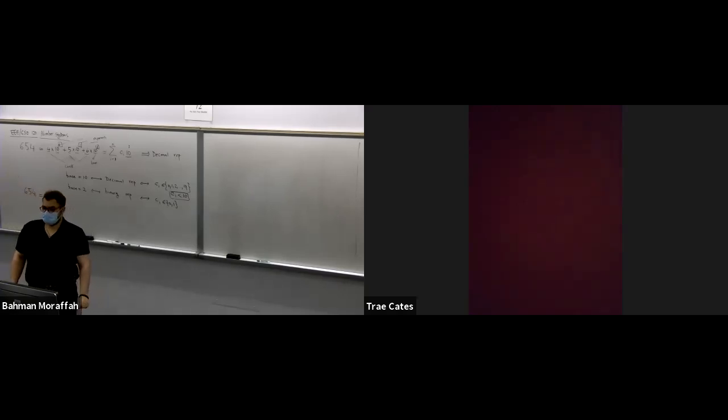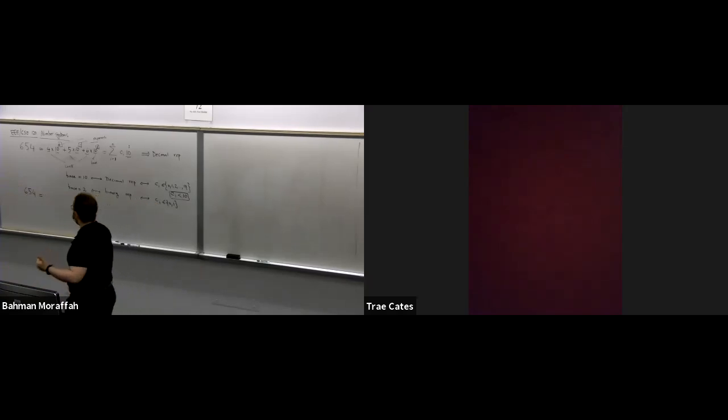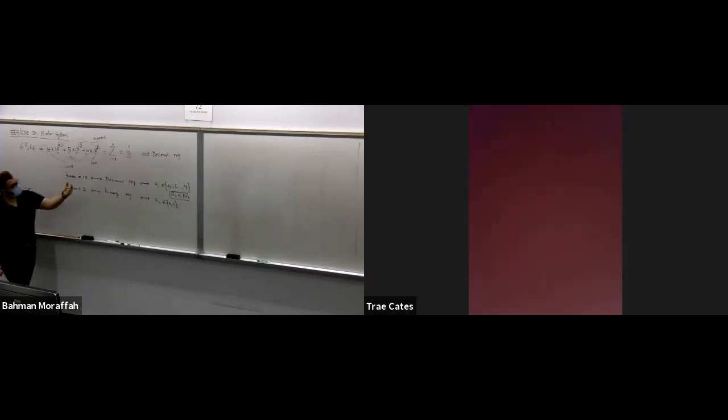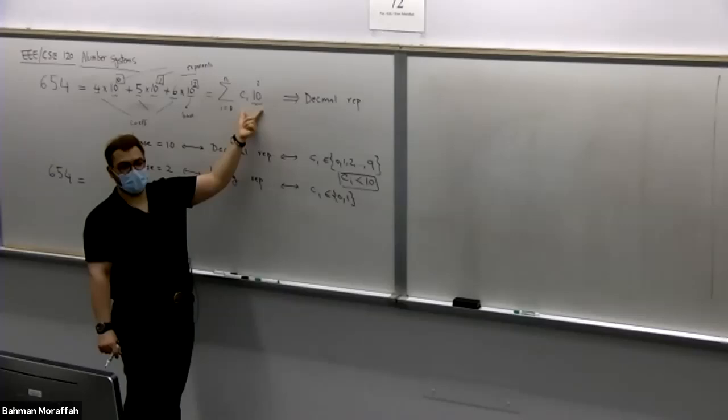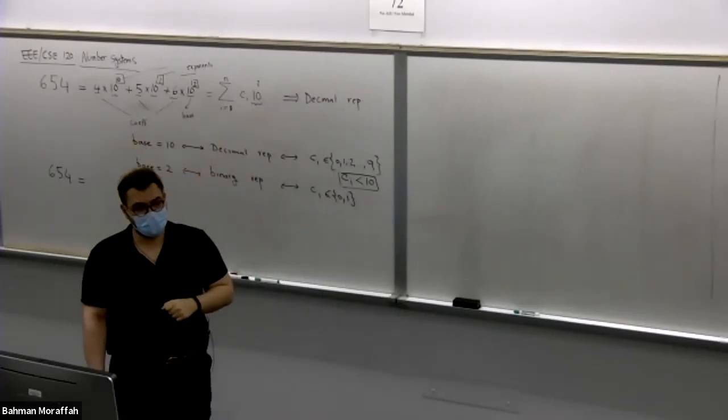I'm going to give you 2 minutes to think about it, and then I'll explain how to do it. The whole idea is that I have to write 654 in terms of powers of 2 multiplied by some coefficients, and those coefficients are either 0 or 1.